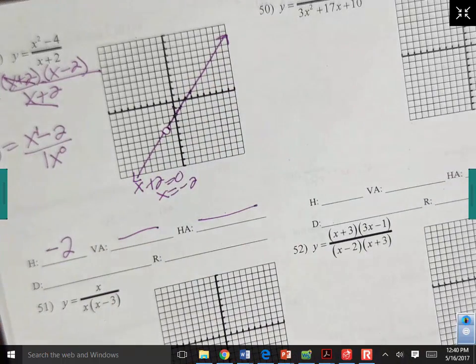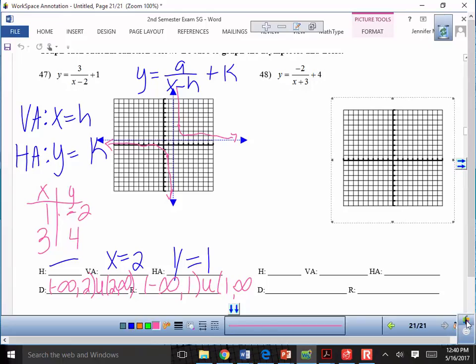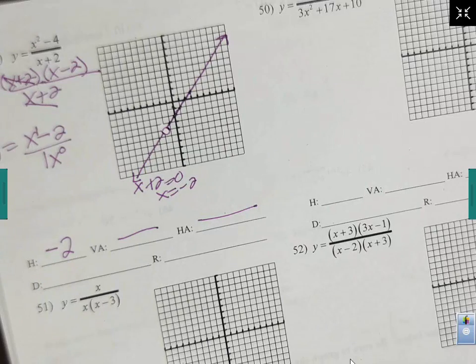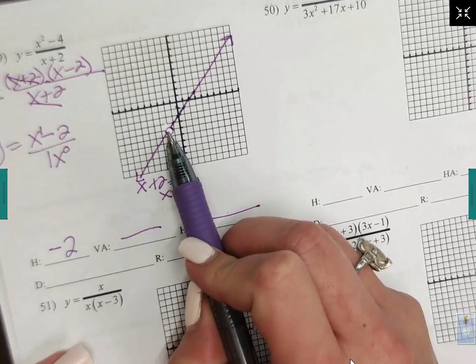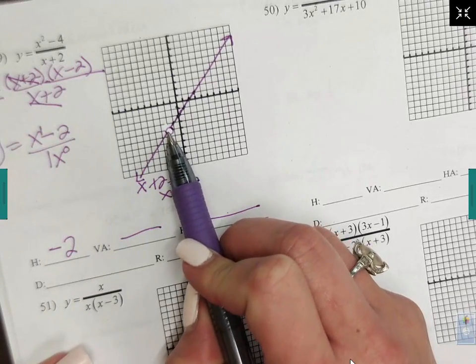Do you guys see? Do you see the hole? You have it in between. Our hole is right there where the x value of our graph is at negative 2.